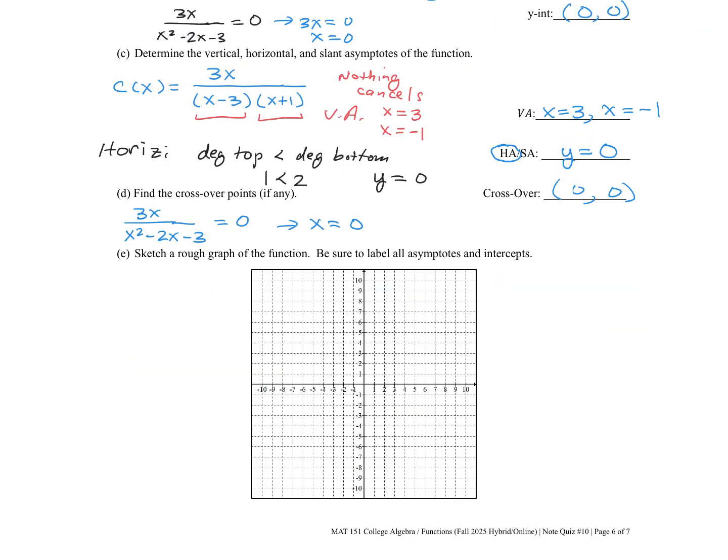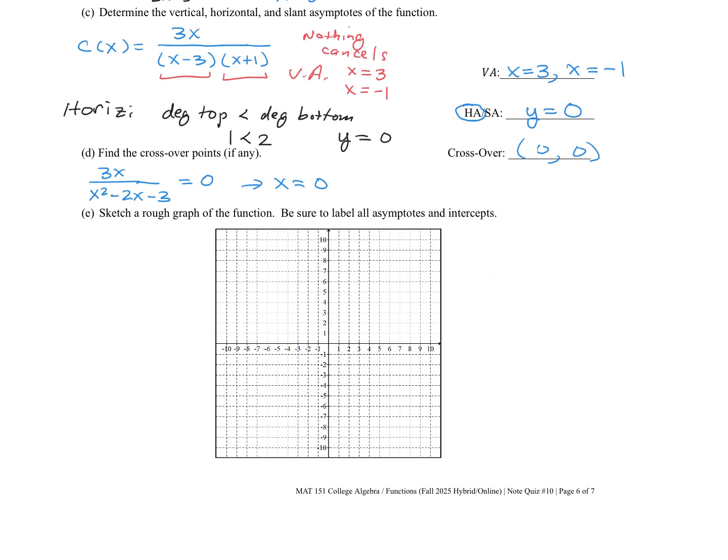All right, so now let's piece it all together and draw our graph. Remember, we start with vertical asymptotes first. So I'm going to draw a dashed vertical line through x equals 3, and another one through x equals -1. All right, so again, that is x equals -1, x equals 3.